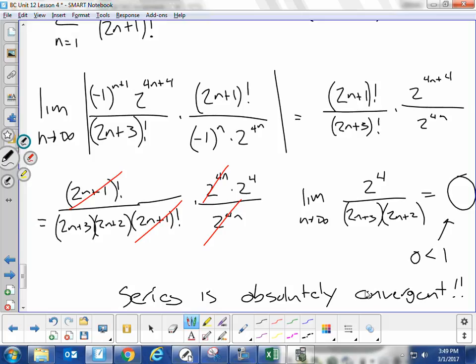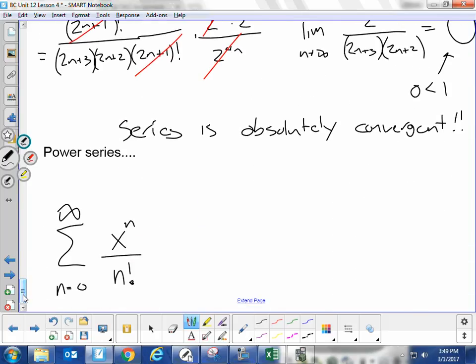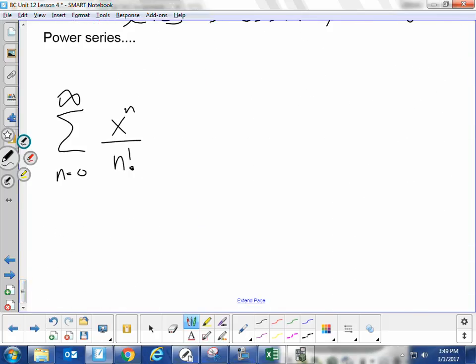Okay? Now that we know the ratio test, we're going to talk about just in general a power series. Now, a power series is just a series with a variable in it. Okay, so x to the n over n factorial.